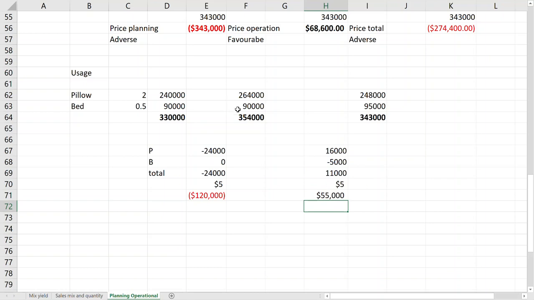Now, if I add both of them, what does it give me? The total usage variance. Or if you look at the original quantity and then the actual quantity, does it make sense? This is the difference. Let me write it here.